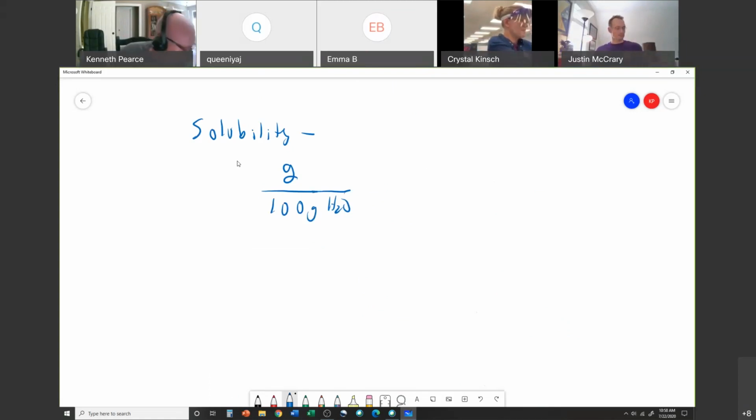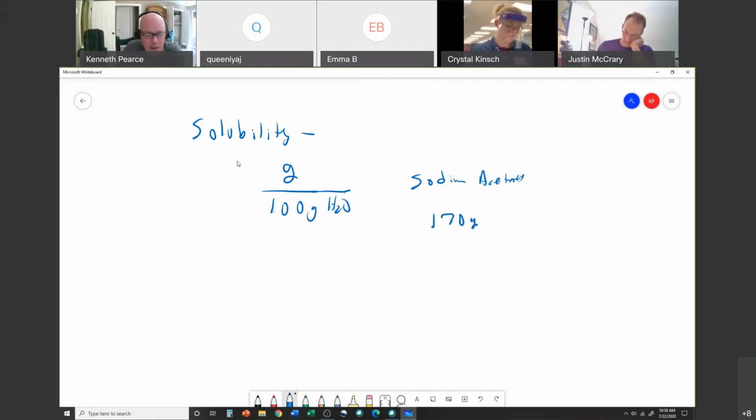Now, let's say that I'm trying to find an actual real world example here, because I don't want to just give you something that's not quite the same. So I got 170 grams. Let's say we have sodium acetate, and it's 170 grams per 100 milliliters H2O, at room temperature.